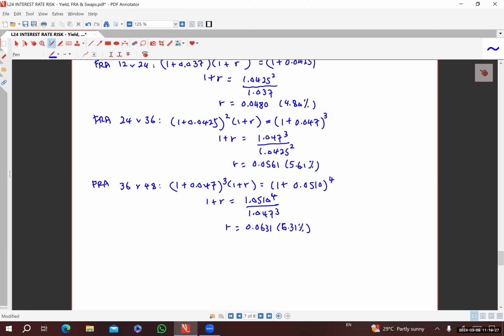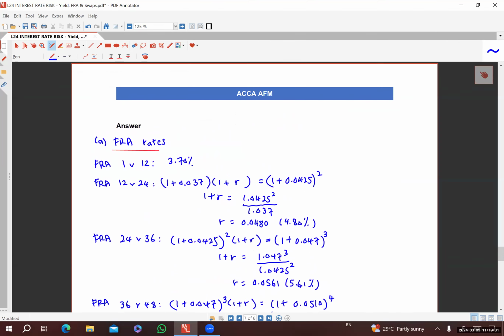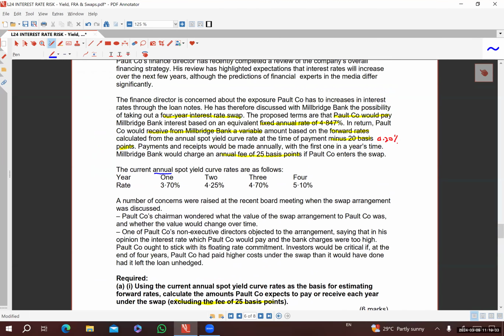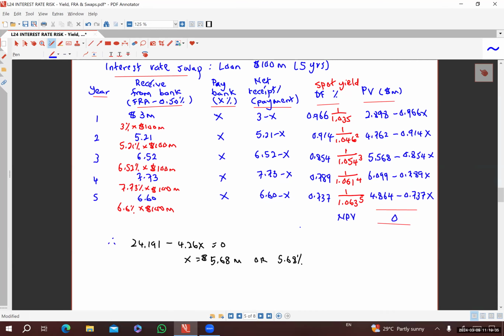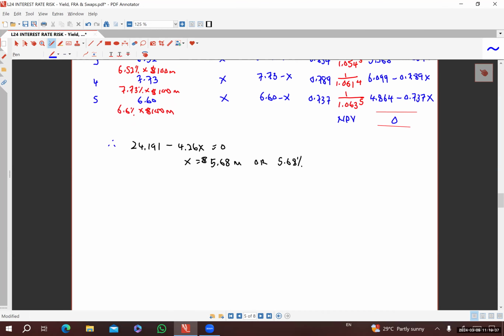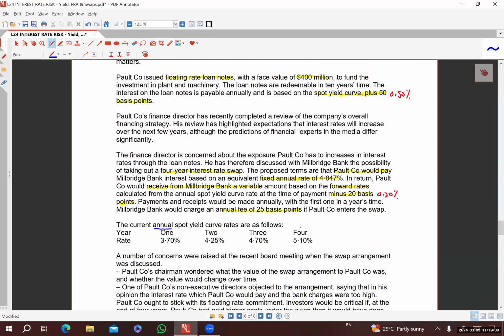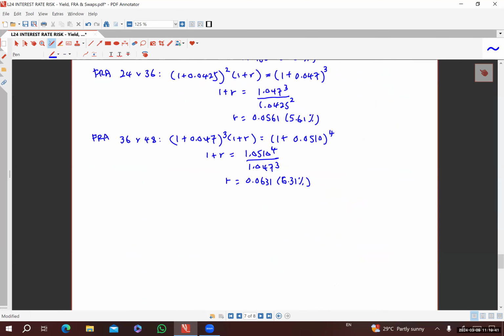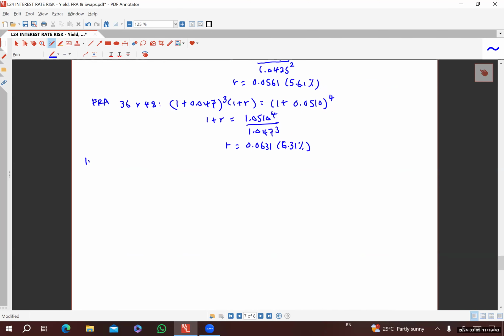Okay, you got the FRA. Then we can prepare this table. The loan is 400 million for 4 years.